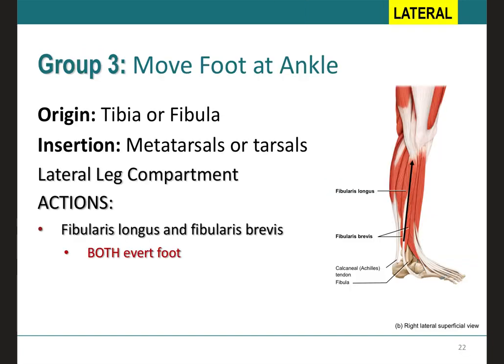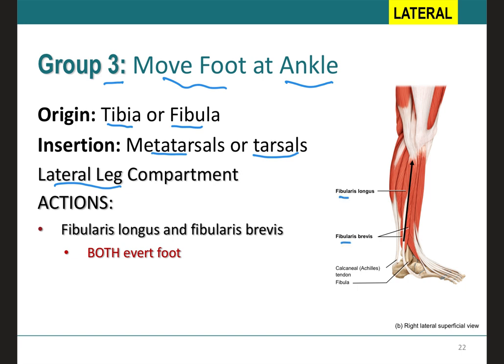Next, we're going to focus on group 3, which are muscles that move the foot at the ankle. They will originate either on the tibia or the fibula, and they will insert either on the metatarsals or the tarsals. With regards to the lateral compartment of the leg, we have 2 muscles, and they will start with fibularis, which makes sense, right?